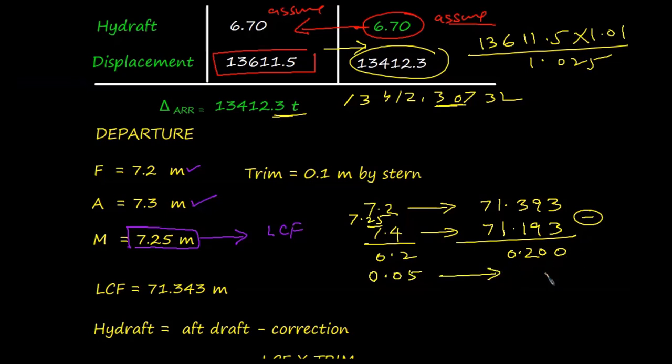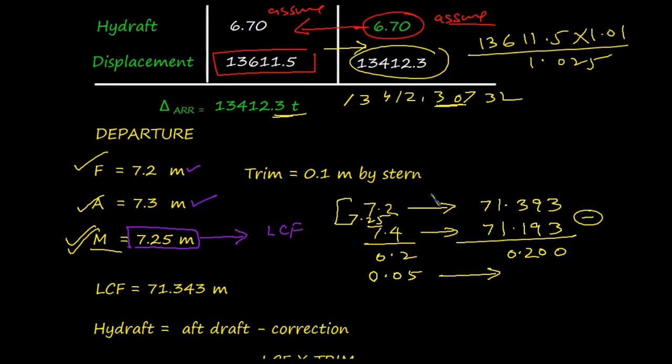Sir, 7.4 minus 7.2, where do you get 0.05? This is the forward draft, this is the aft draft, so find the mean draft. So not for 0.05, for 0.25, right? What is the difference between 7.2 and 7.25?